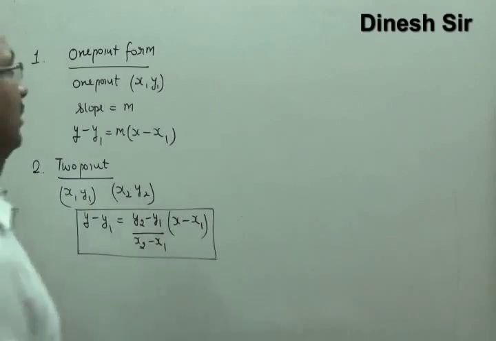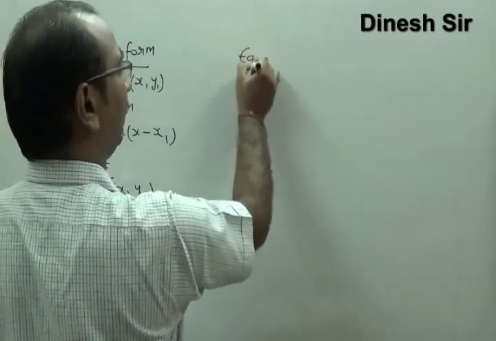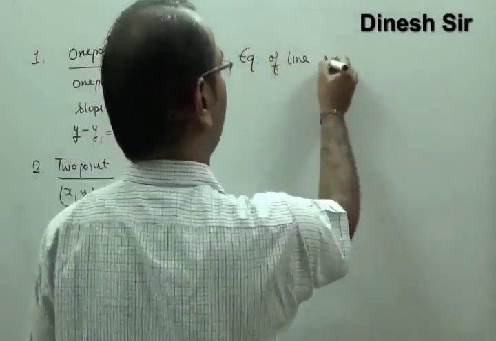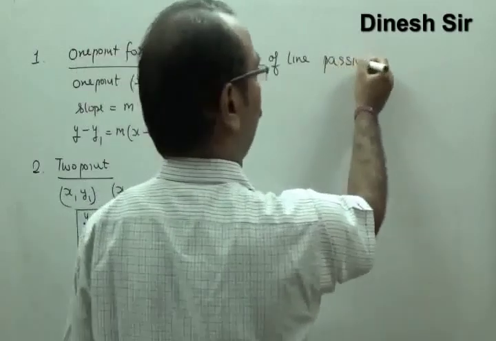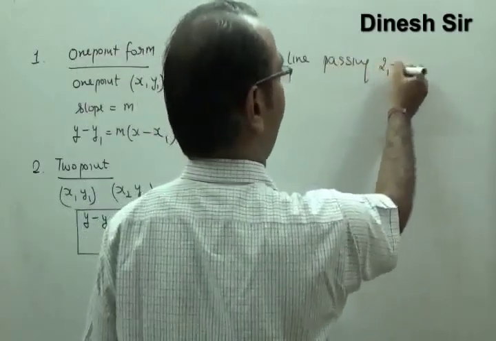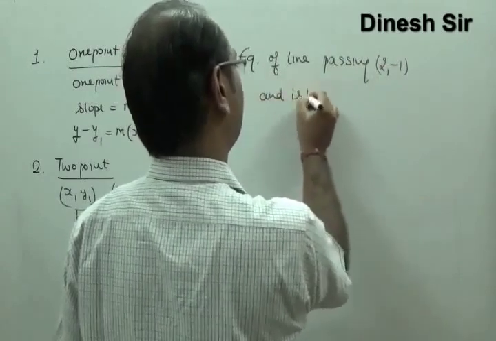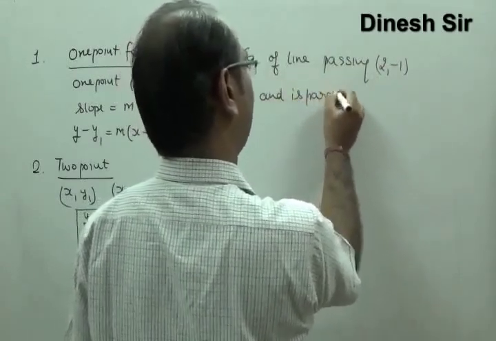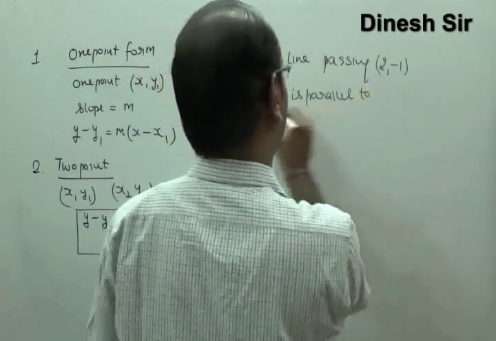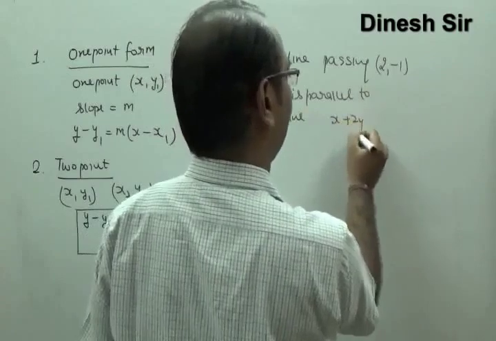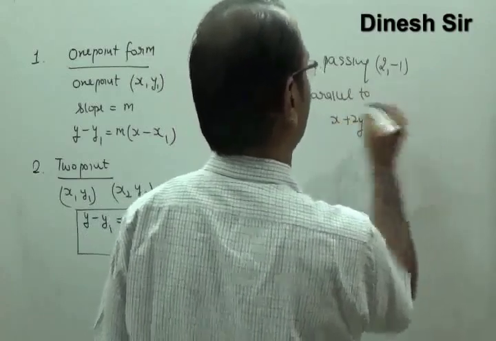Suppose it is given: find the equation of a line passing through 2 and minus 1 and parallel to the line x plus 2y minus 5 equal to 0.